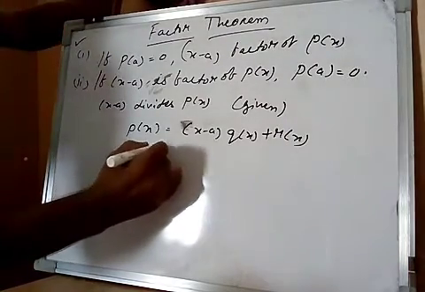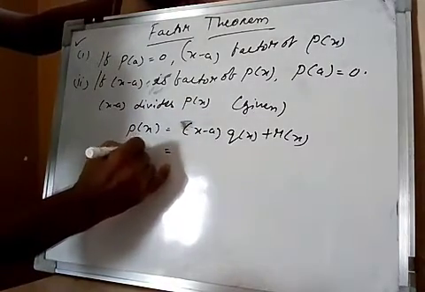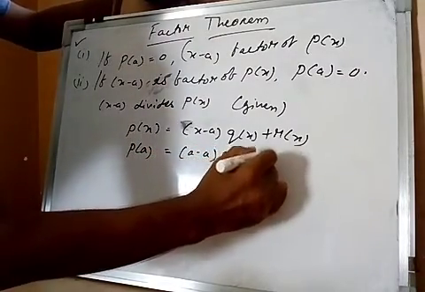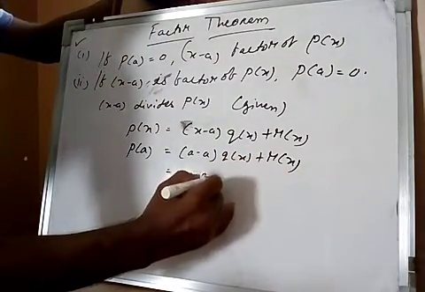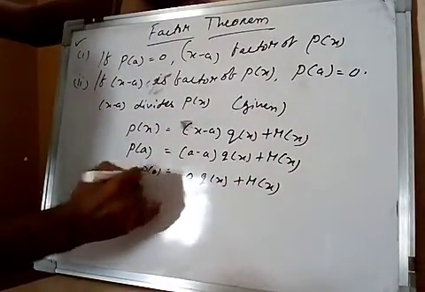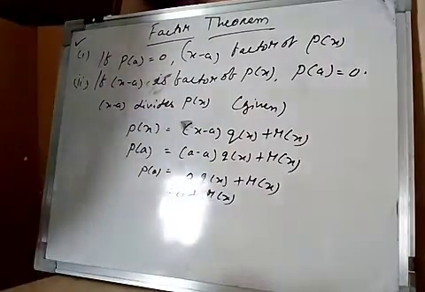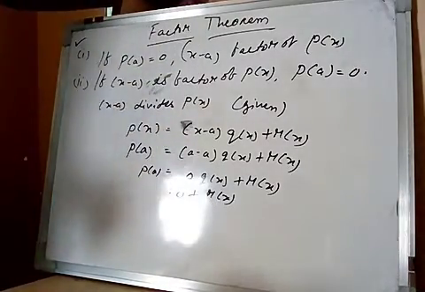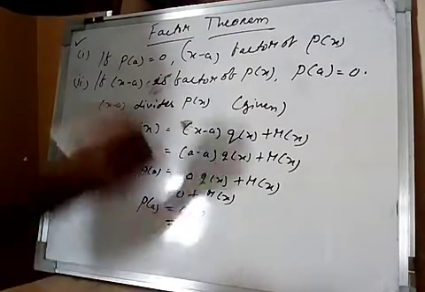So if x minus a is a factor of px, then p of a will be a minus a into qx plus rx, that is 0 into qx plus rx, right? So here 0 only plus rx. Here x minus a divides px, so the remainder is definitely 0. So p of a equals 0 plus 0 equals 0 only.